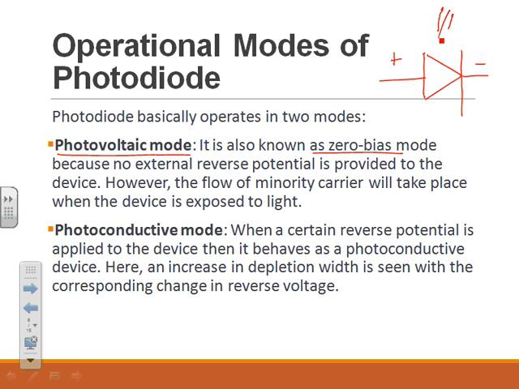So there are two combinations possible. If the positive of the diode is connected to the positive of the battery and the negative to the negative of the battery, this is called forward bias. When the connection is reversed, that is, positive is connected to negative and negative is connected to positive, it is called reverse bias. Forward bias and reverse bias.